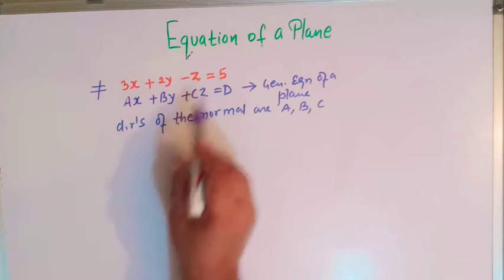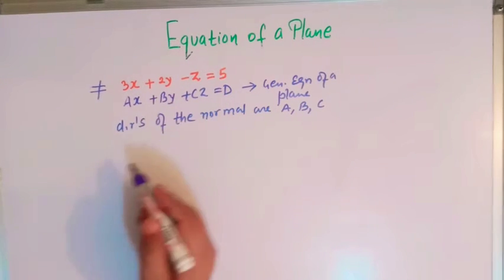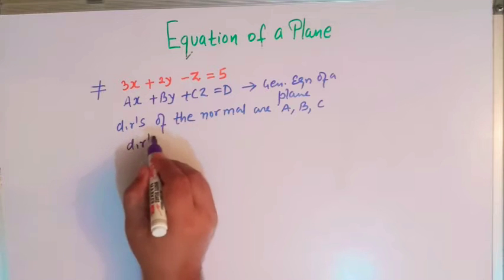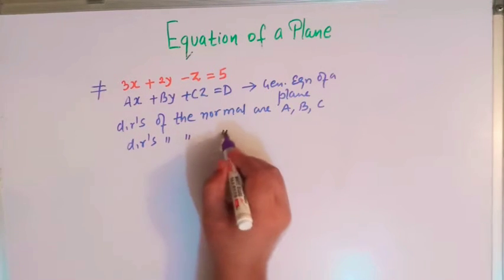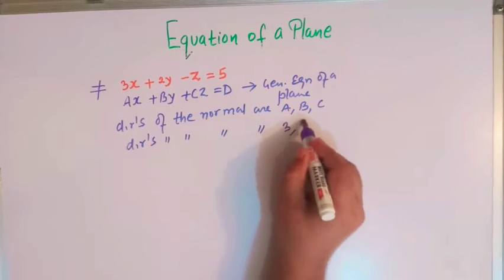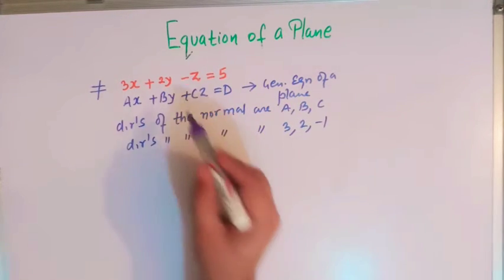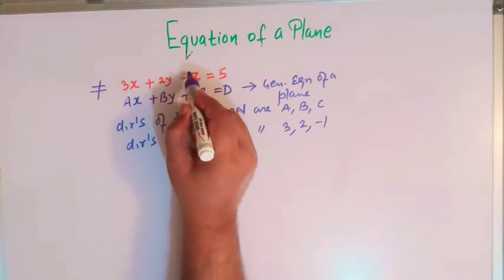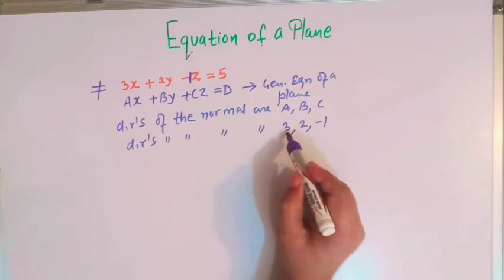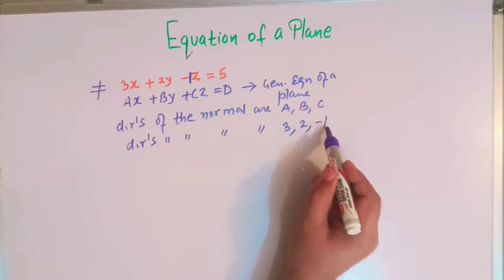So here if we compare these two equations, then the DRs of the normal are 3, 2 and minus 1.